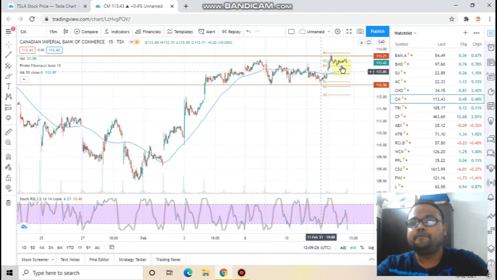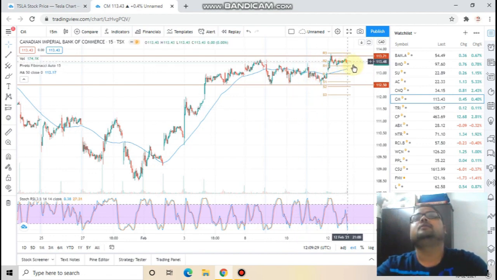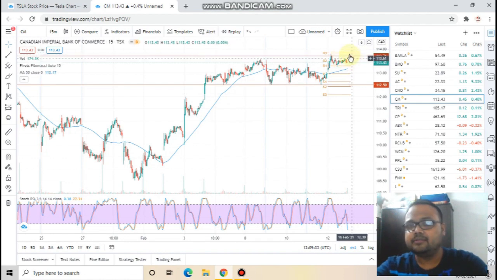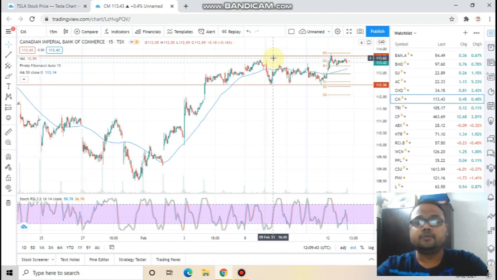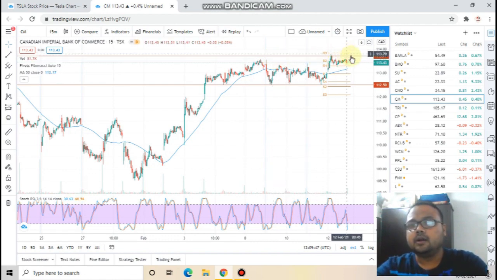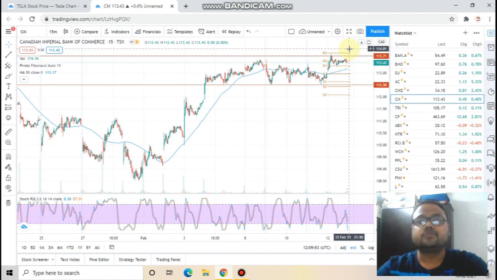So today there may be a breakout. If it crosses this 113.7 zone with a good amount of volume, you need to observe the volume also, then you can go ahead and buy according to your strategy.